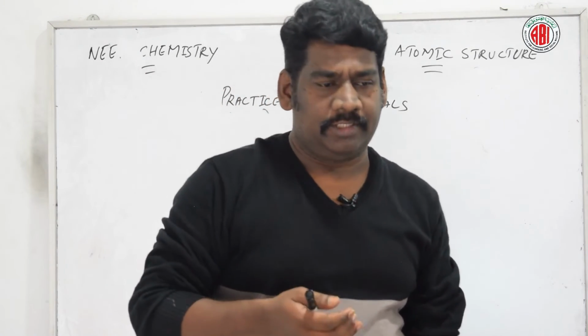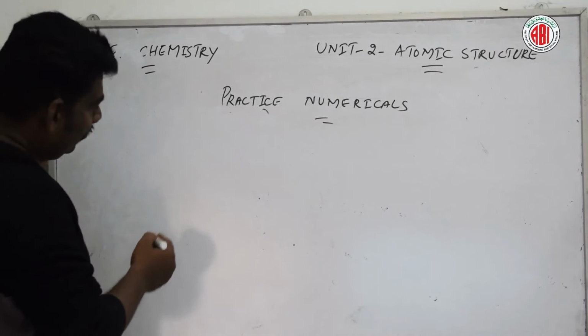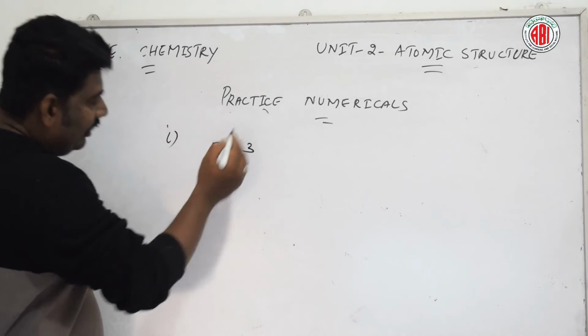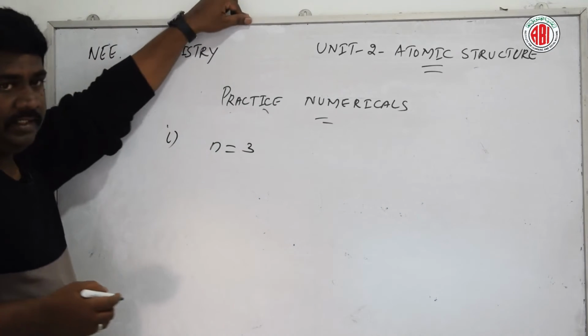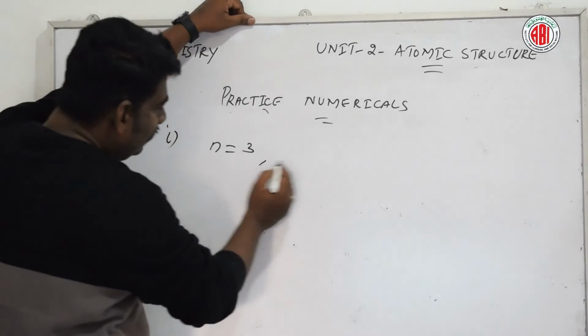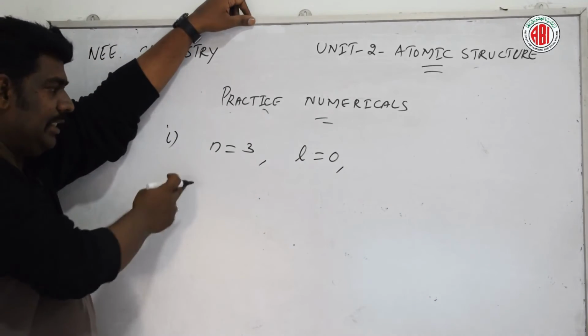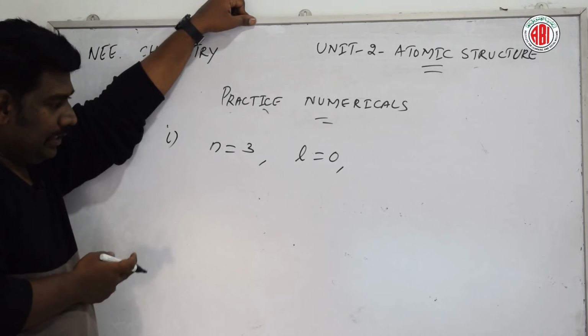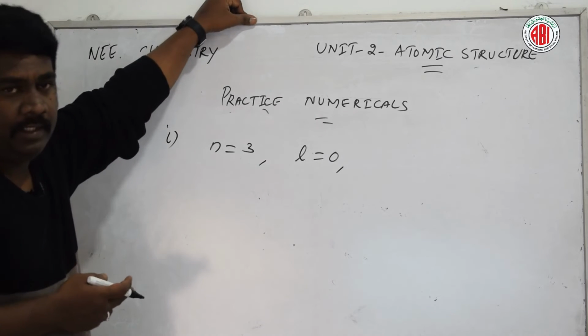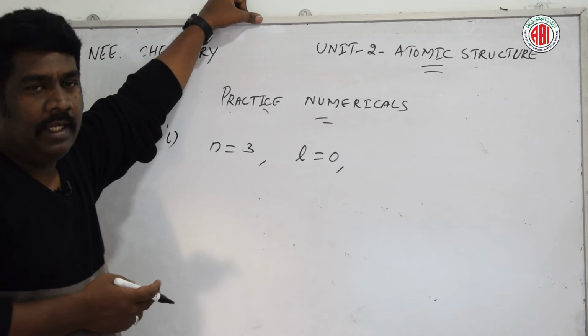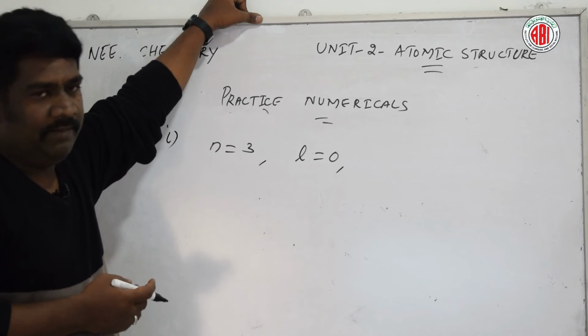Let us see the first question. According to this question, the value for n is given as 3. See, n is the principal quantum number, L is the azimuthal quantum number or angular quantum number, and we should write the ml value as well.